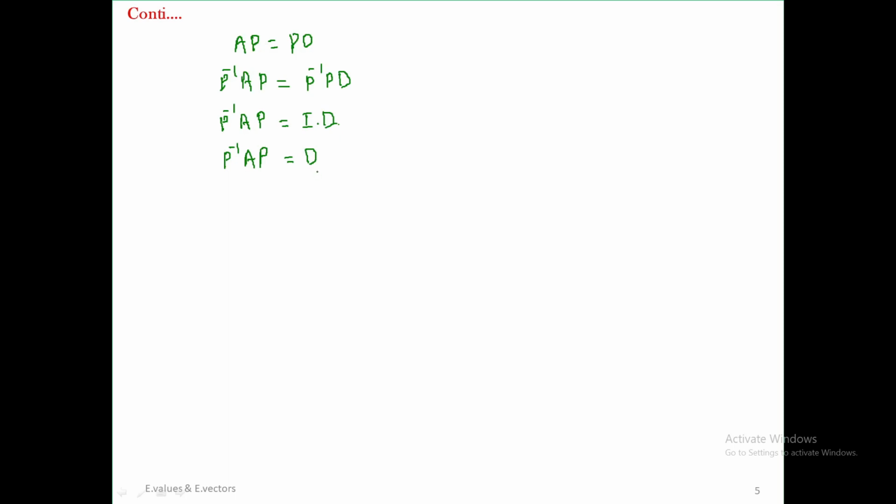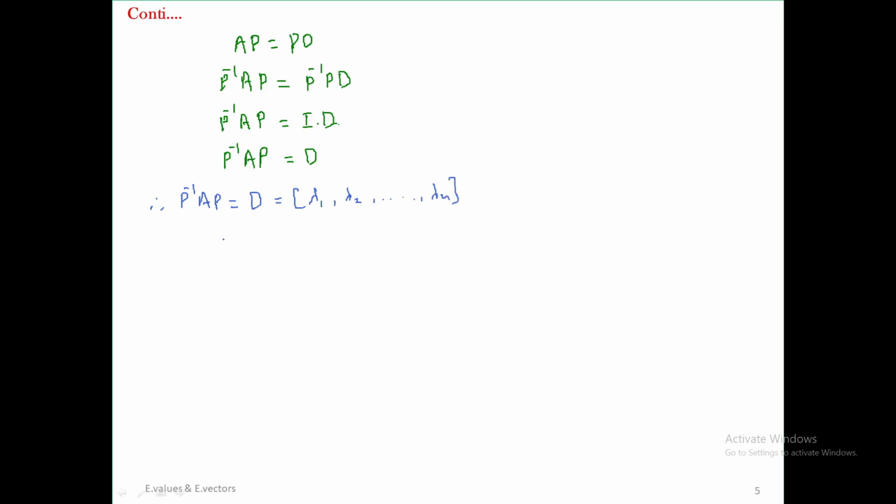Therefore, finally, P inverse AP is equal to D, where D has lambda 1, lambda 2, up to lambda n, all the eigenvalues sitting on the principal diagonal. That's it. Our proof is over.